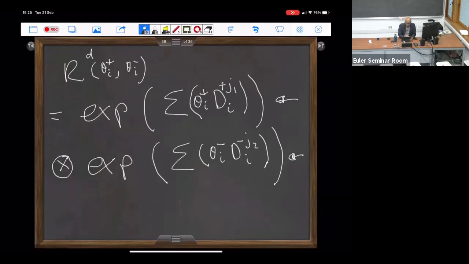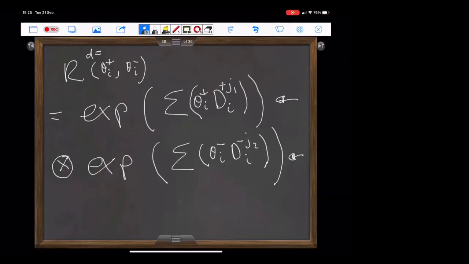So D here, who can tell me what D is? They are the generators of the group. No, this D here. Yeah, the generator of the group. D. Okay, D small here.